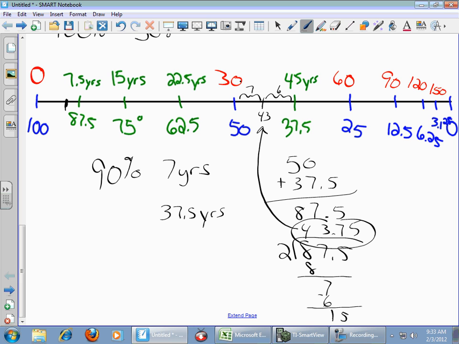Okay, so if they're asking how old the cesium-137 is when you have 43% left, my answer is going to be just a touch older than 37.5 years because 43% is just 1% closer to 45 than to 37.5 than it is to 50.